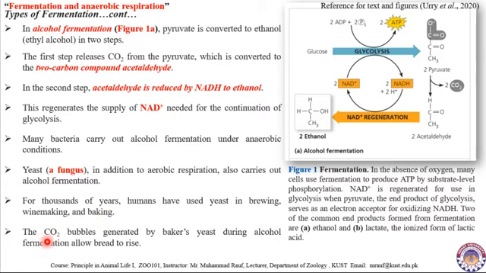The carbon dioxide bubbles generated by baker's yeast during alcohol fermentation allow the bread to rise. So you consume bread on a regular basis in your daily life, and the bread is a kind of swollen. It is because of these carbon dioxide bubbles which are generated here in this process.